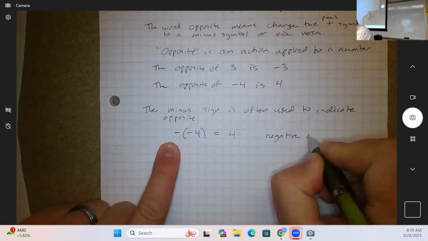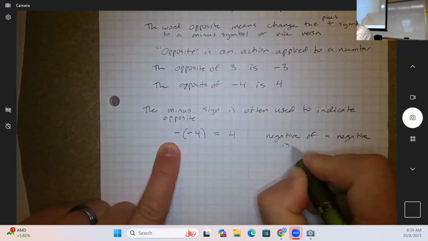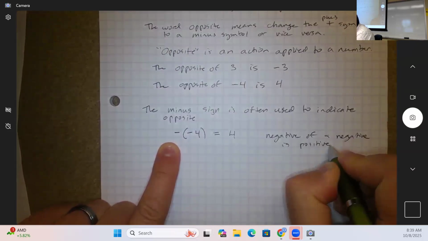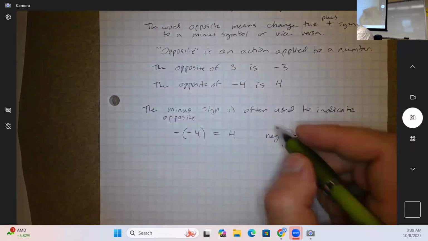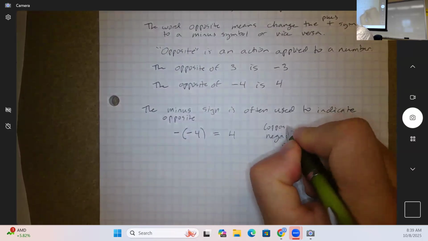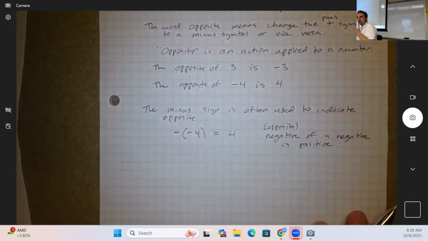The negative of a negative is positive. That's how I might read it, but really what I'm saying is the opposite of a negative is positive. I just want to let you know what we're talking about here when we say opposites versus negatives.